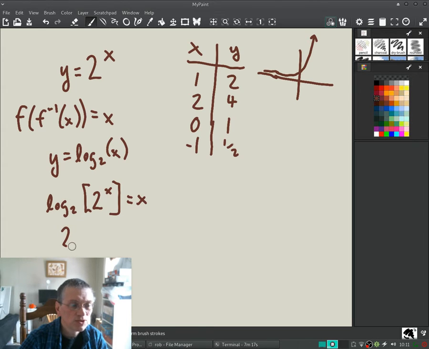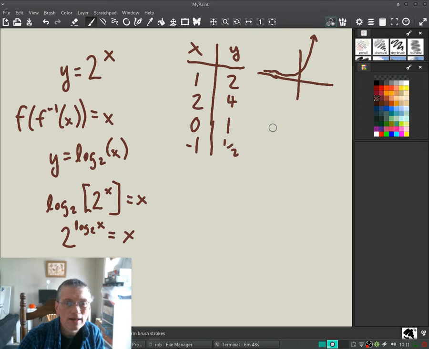Also, if we take 2, and we raise it to the power of log base 2 of x, we take the function 2 to the x, and wherever we see x, we put in the other function. This also equals x. So you can think of log base 2 undoing 2 to the x, and 2 to the x undoing log base 2. And basically you just go backwards in these.